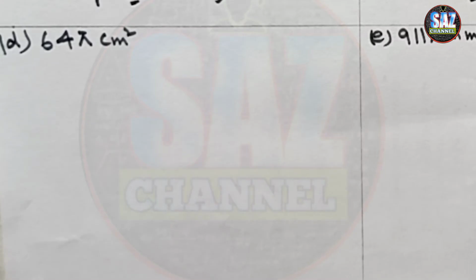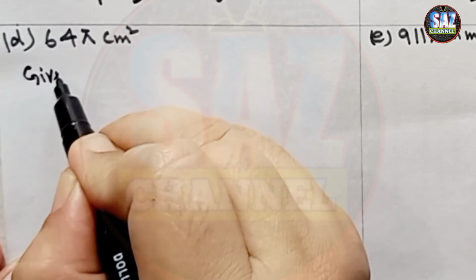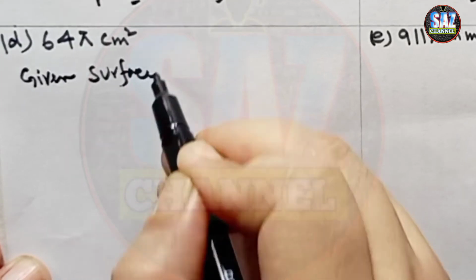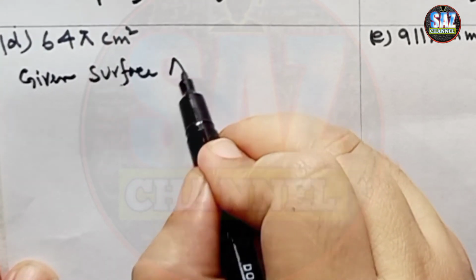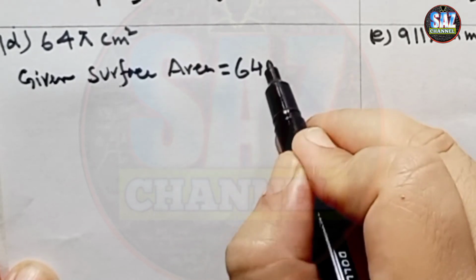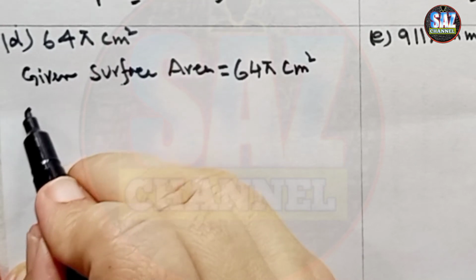In the next part, the given surface area is 64 pi centimeter square. So given surface area equals 64 pi centimeter square. This will be equated by what?